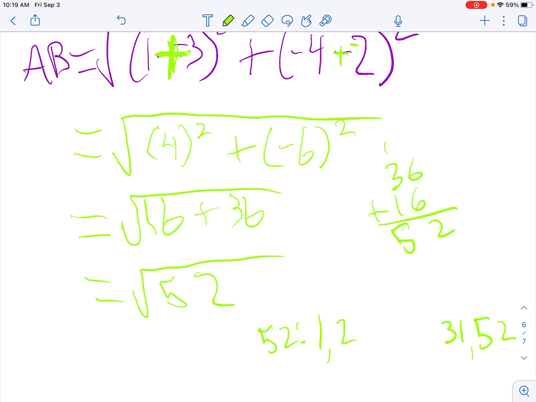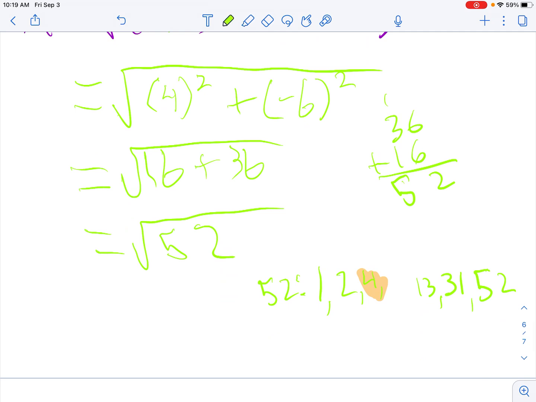No. 52 divided by 4, 4 and 13 go into it. I know that 4 is a perfect square, so we can at least simplify it a little bit. We don't really have any other numbers that match, which is fine because we have a perfect square.